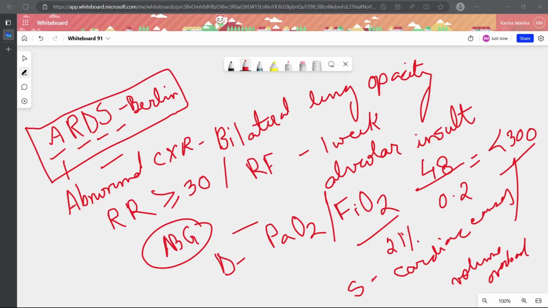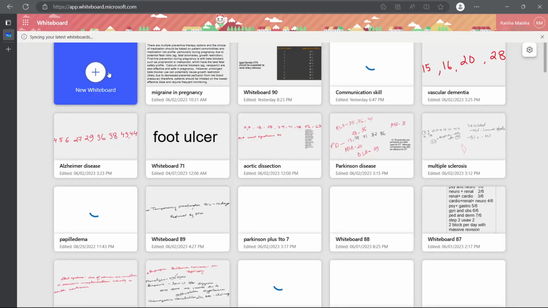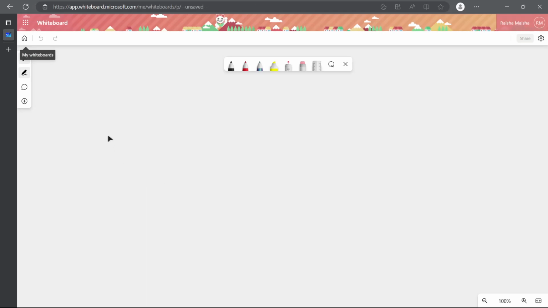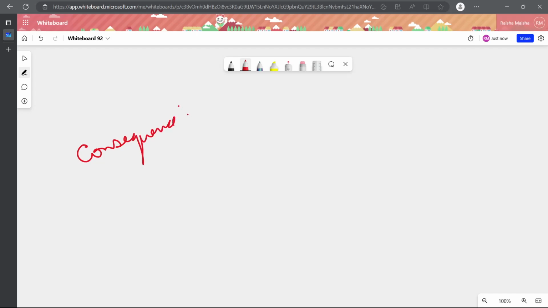And what other things do you want to know in ARDS? In ARDS, the consequence would be impaired gas exchange, decreased lung compliance, and there may be pulmonary hypertension.